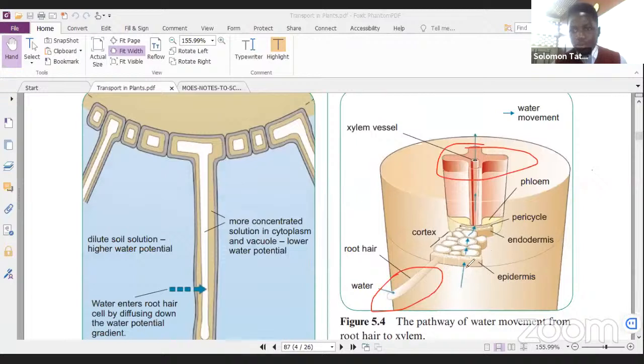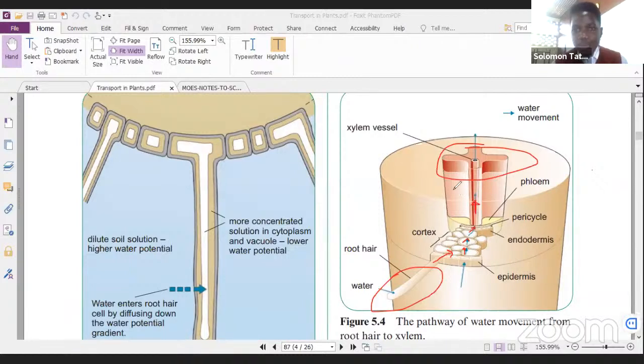Now, here we see that once the water gets through the root hair, it can take up a couple of pathways. The blue arrows here are showing us that the water moves from one vacuole to another. Okay, and then it gets by the pericycle into our xylem.